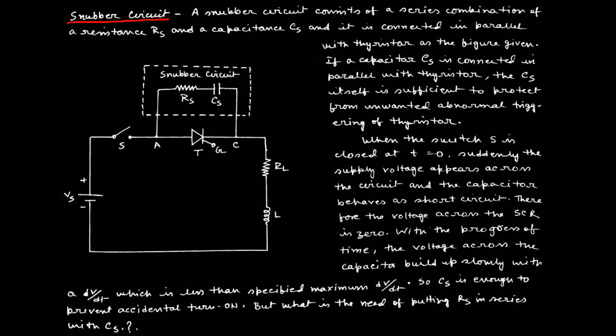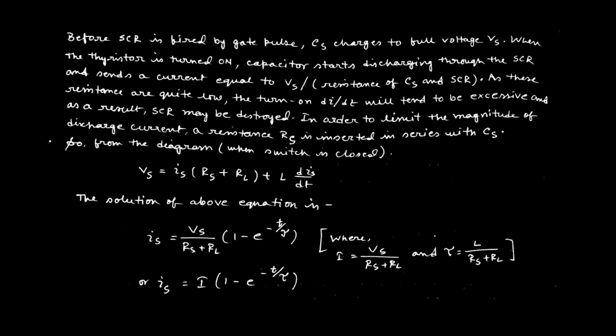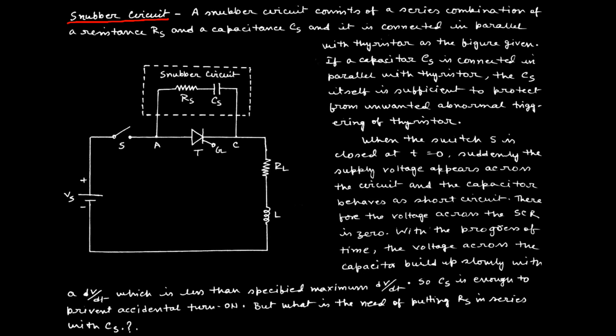Now we should find out the value of Rs and Cs separately. From this schematic diagram, we can write Vs equal to Is into (Rs plus RL) plus L di/dt. Vs is the supply voltage, which should be equal to the voltage drop across Rs and Cs, and another resistance, the load resistance, is there.